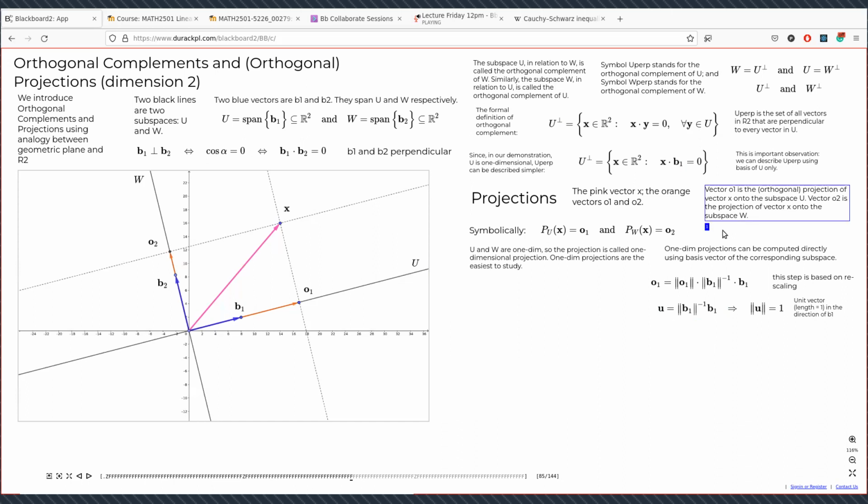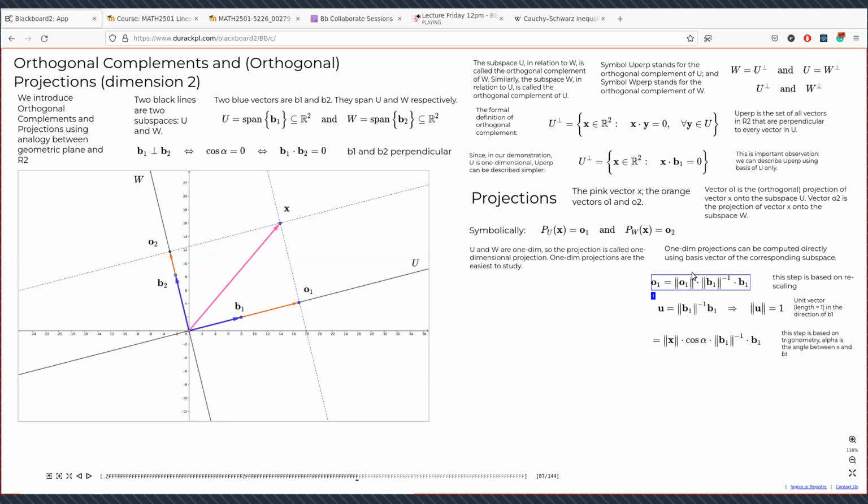Right, so I continue. We remember I was trying to derive a formula for one-dimensional projection. My first step is a rescaling. First, I take my v1, make it a unit vector, and scale that to O1. That will be O1. My next step is trigonometry.